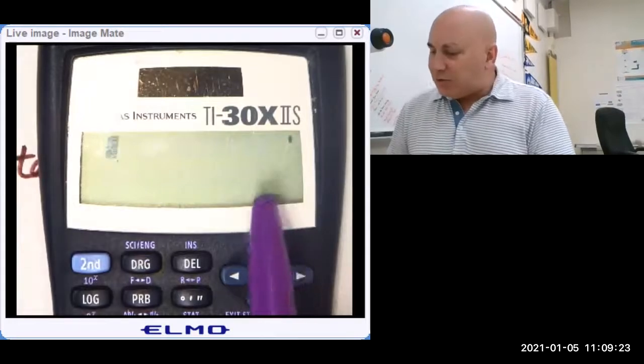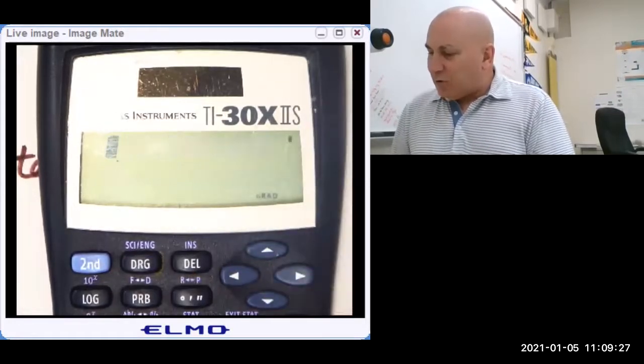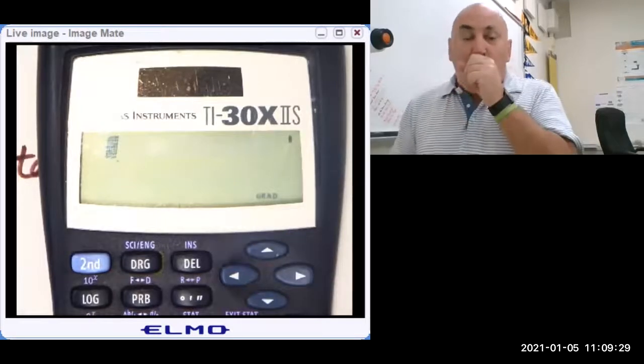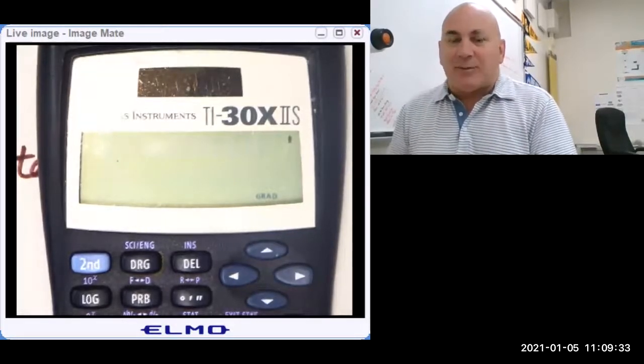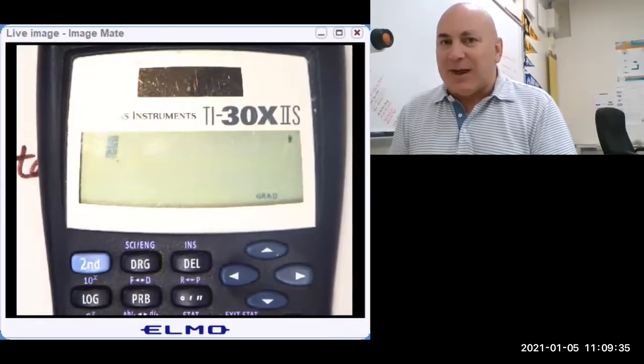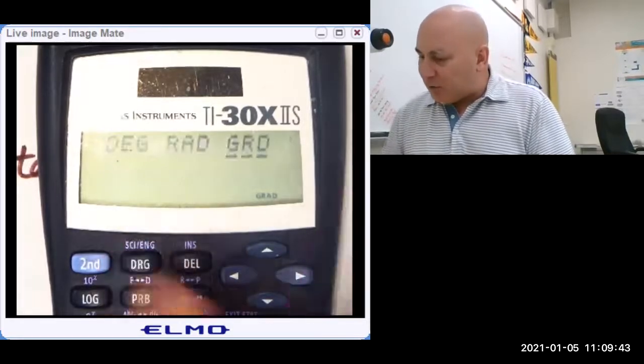The degree, radian, and grad mode only matters when you're doing trig functions. I can add, subtract, and multiply all day, and that doesn't matter. But when I'm taking a trig function, a sine, a cosine, or a tangent, or one of their reciprocals, I have to be in the correct mode.